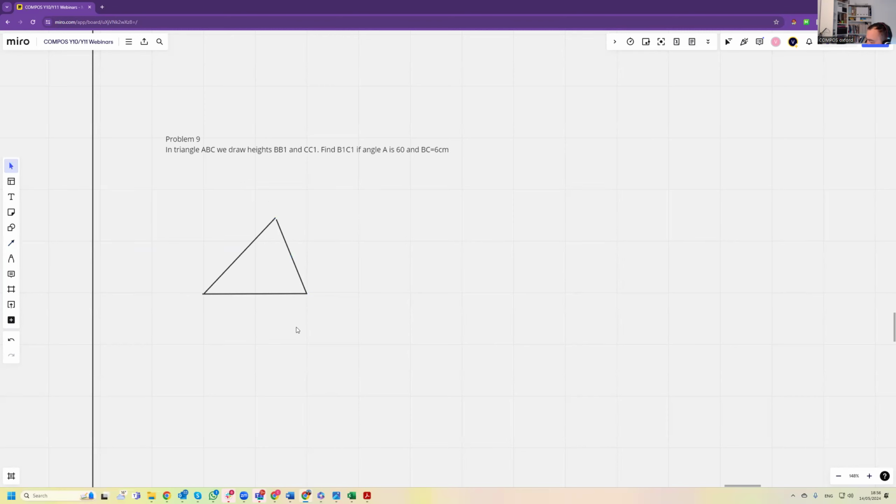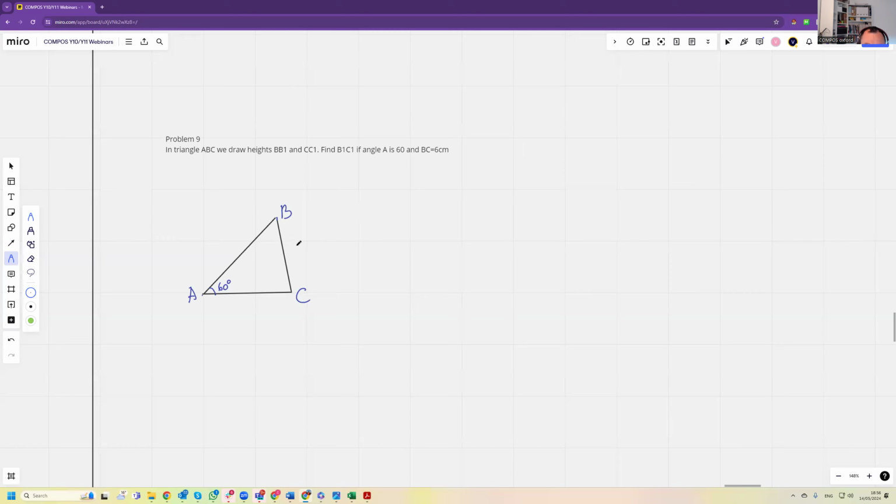When you draw triangles, just be careful not to draw isosceles triangles, like I just did. Try to make them scalene. So this is A, B, C. Okay, and this angle is 60 degrees.